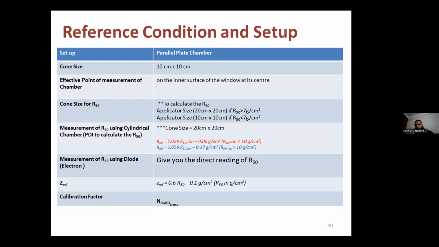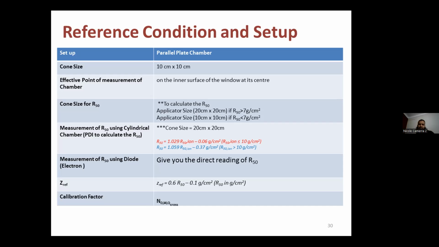If you're using a plane parallel chamber or thimble chamber, you have to make sure that you get the percentage depth ionization curve, and then you have to convert it to percentage depth dose to get your R50.